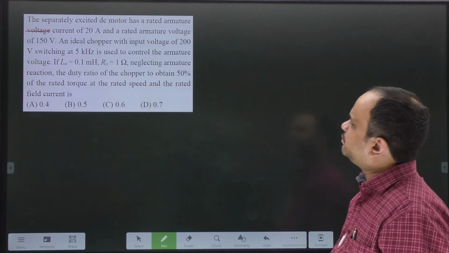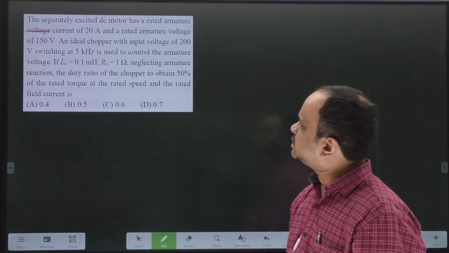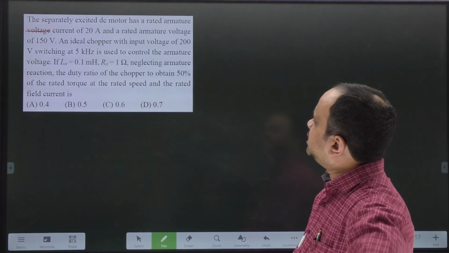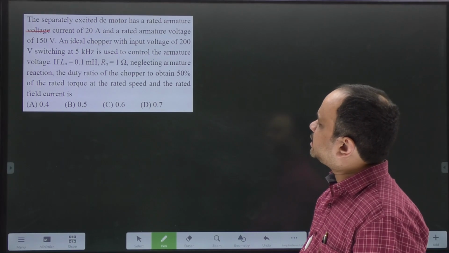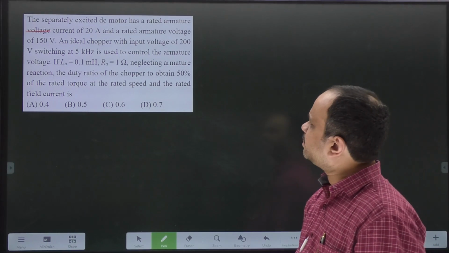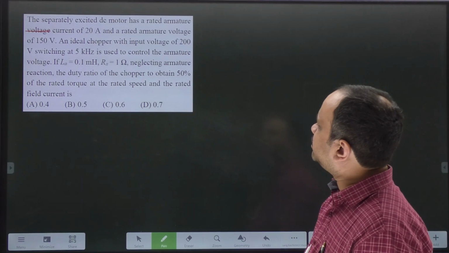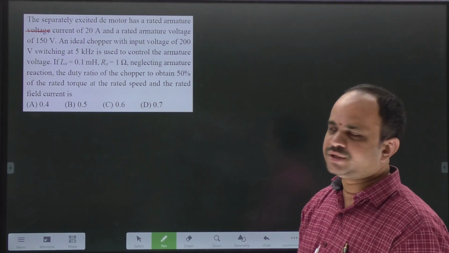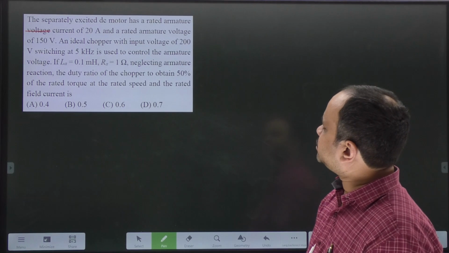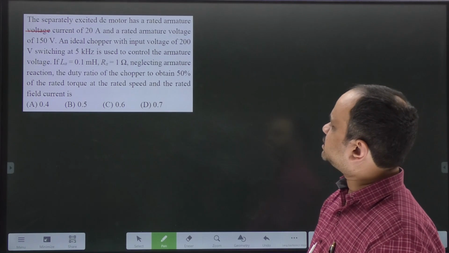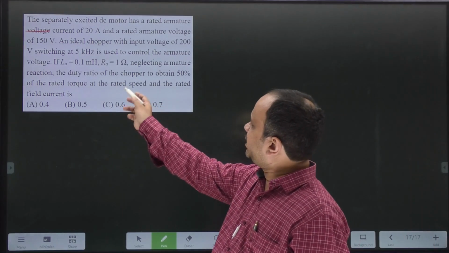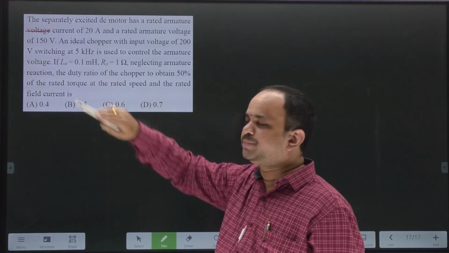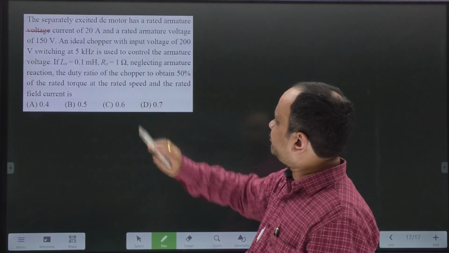An ideal chopper with input voltage of 200 volt switching at 5 kilohertz is used to control the armature voltage. If armature inductance is 0.1 millihenry, armature resistance is 1 ohm, neglecting armature reaction, find the duty cycle ratio of the chopper to obtain 50% of the rated torque at the rated speed. Now here speed is rated speed, but torque is 50% of rated torque at the rated field current.